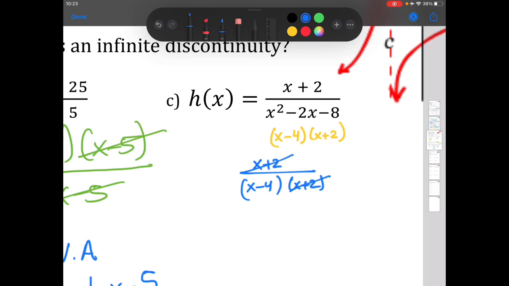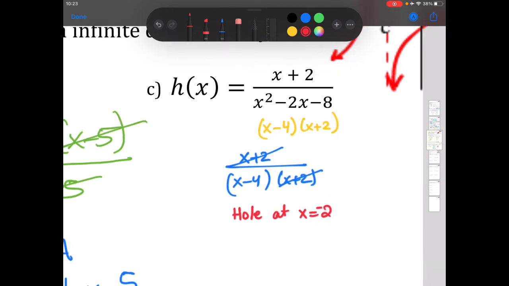So these cancel out. Since they're canceling, it means there is what? A hole, or removable discontinuity, at x equals negative 2, not 2, negative 2. And there's a vertical asymptote at x equals 4. So there are two things, okay?